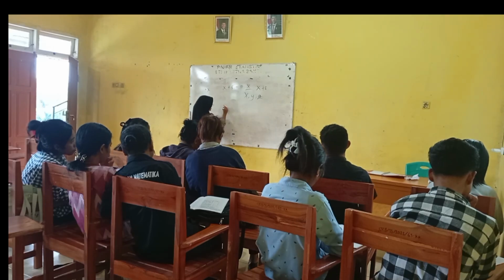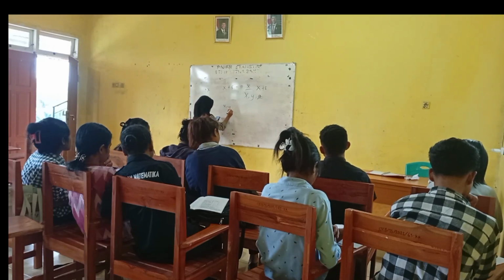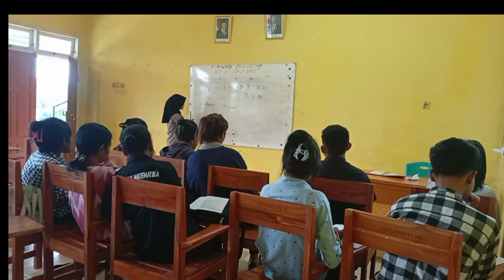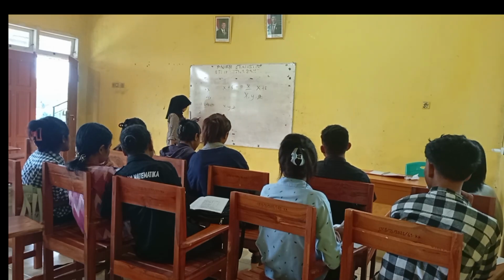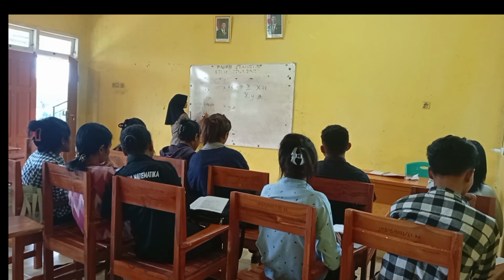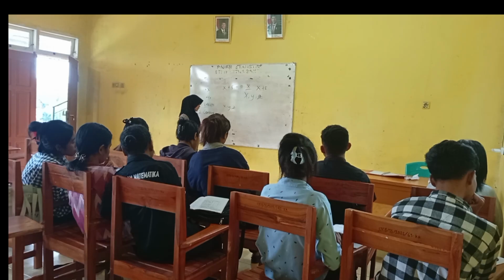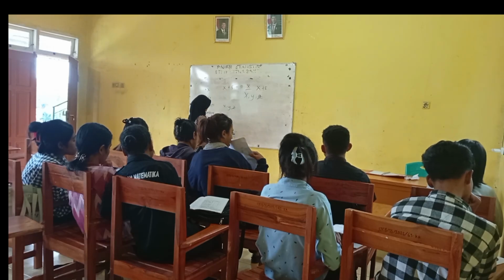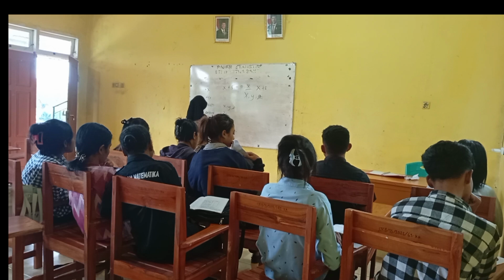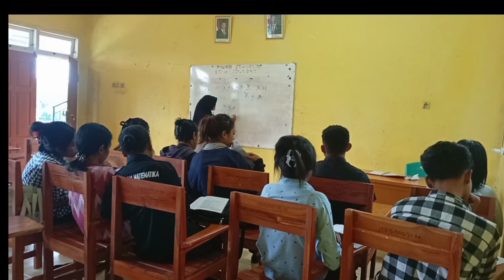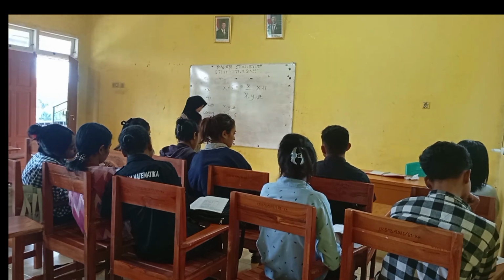Example: x, y, and z. Second, constant. A constant is a number with a fixed value. Example: 3, 7, and -5.